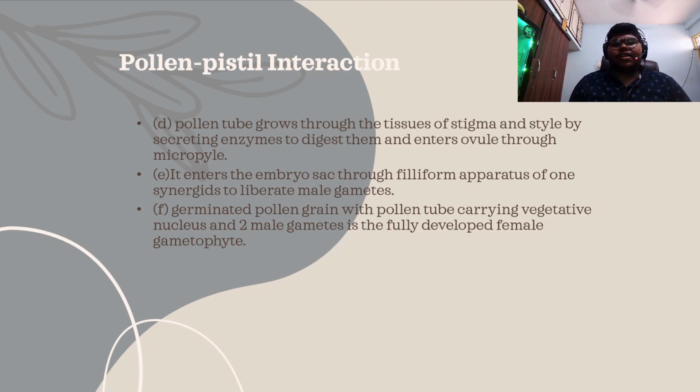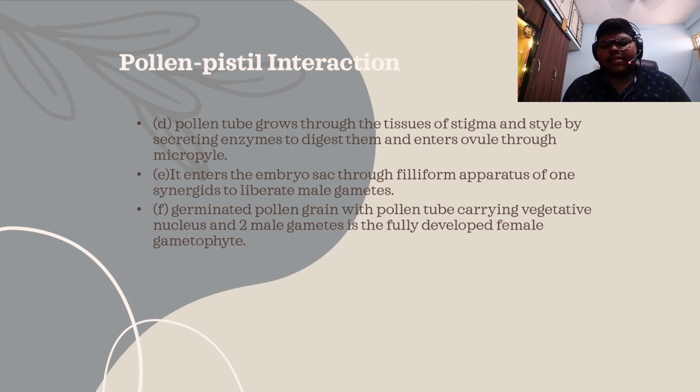Pollen-pistil interaction. The pollen tube grows through the tissue of the stigma and style, producing enzymes to digest them, and enters the ovule through the micropyle.